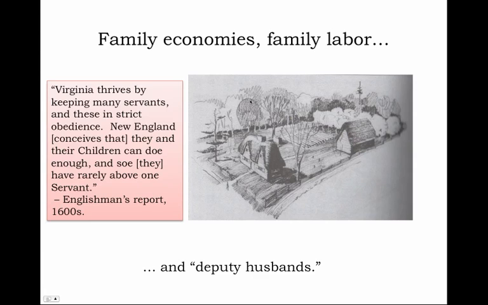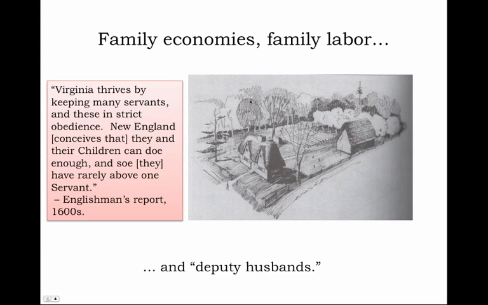And this observation is both accurate and a bit misleading, because while it is true that in New England you don't see a servant population ultimately reaching the size of that of the Chesapeake, and certainly even a slave population reaching the size of the Chesapeake by the 1700s.